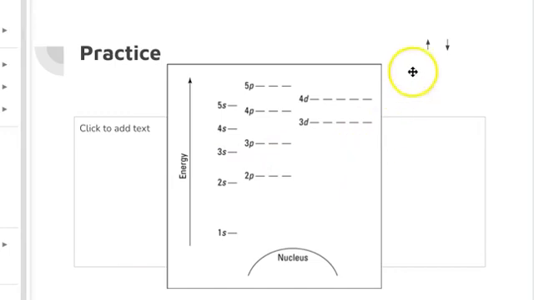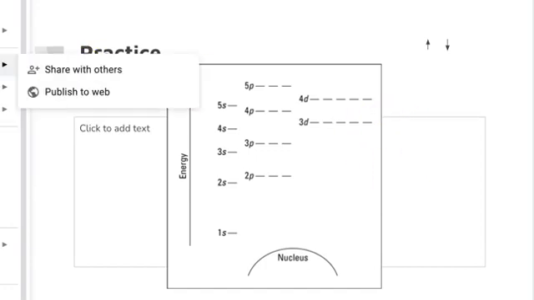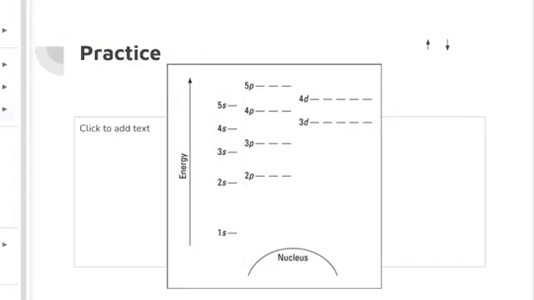Okay, so we're just going to use the arrows we have up here. So starting down at the nucleus, I need to pick an element that I would like to represent here. So I am going to pick beryllium, Be. So if I look up beryllium on the periodic table, it has an atomic number of 4.